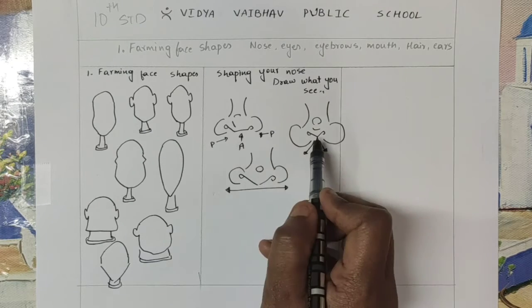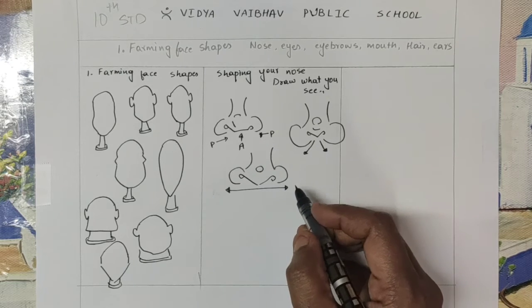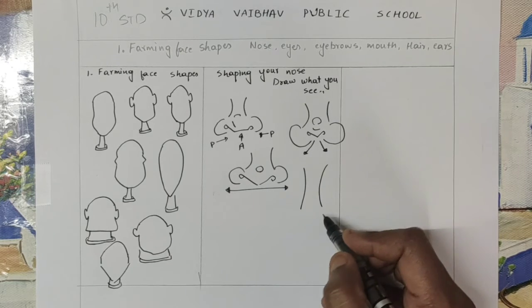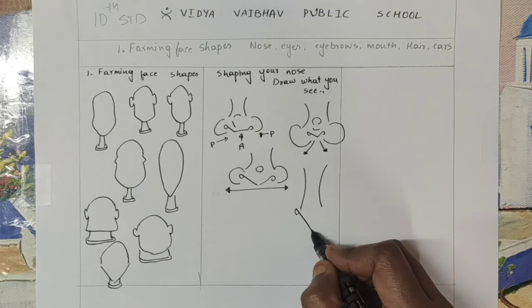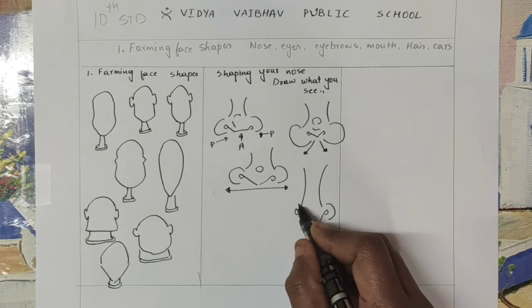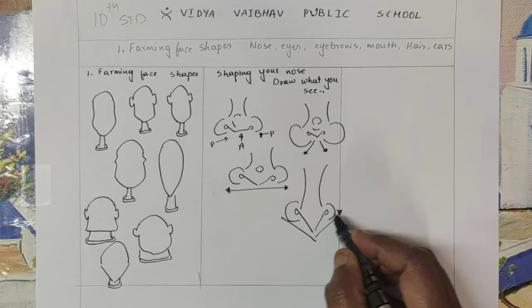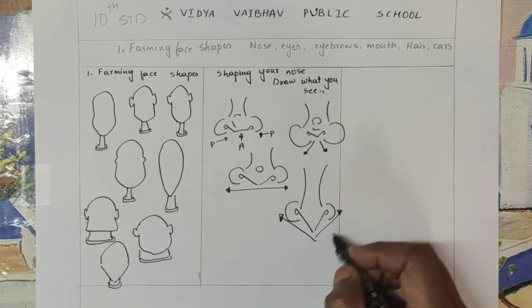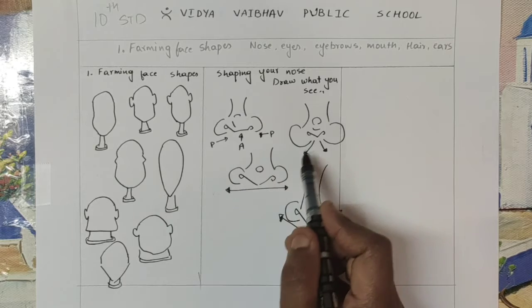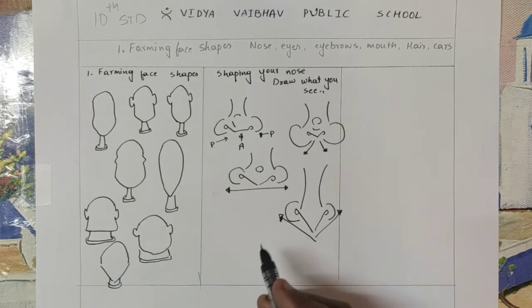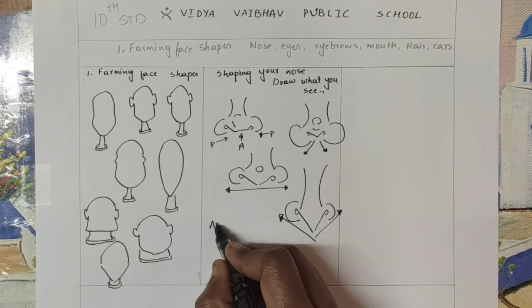Always the anchor point will not change. And the same nose we can draw at an angle, so it's enlarging like this. The pivot points are behaving like this. You can see the anchor point is always in the center. It will not change.